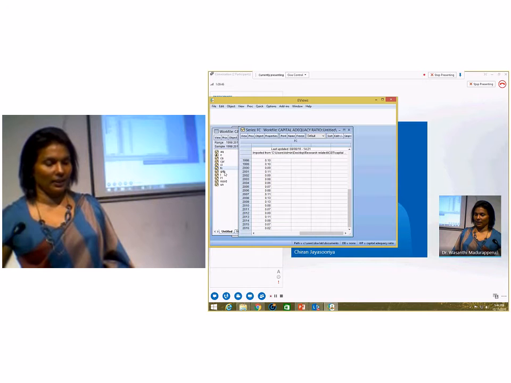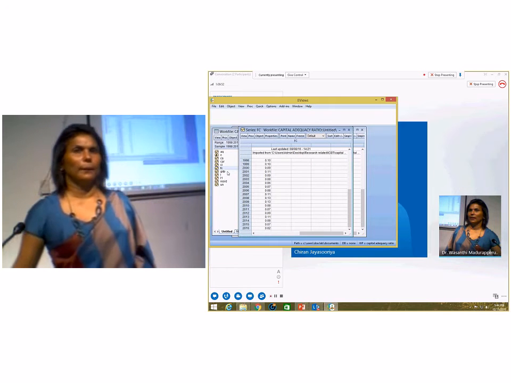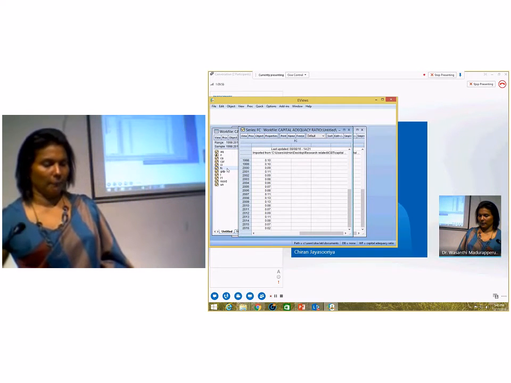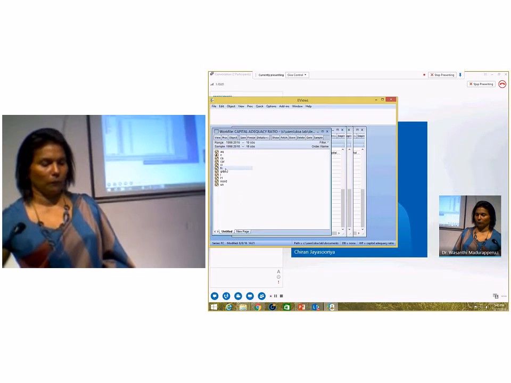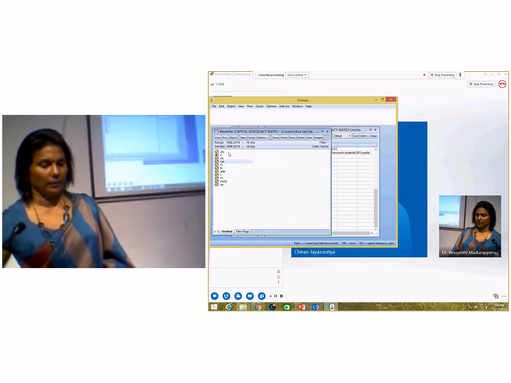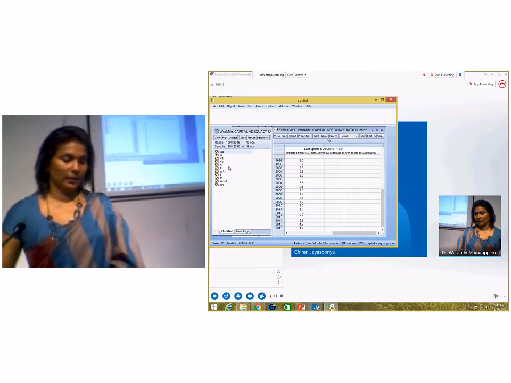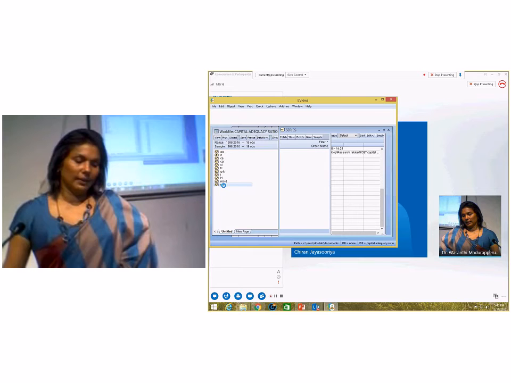So those are the GDP, interest rate, firm, capital adequacy, and this is unemployment.